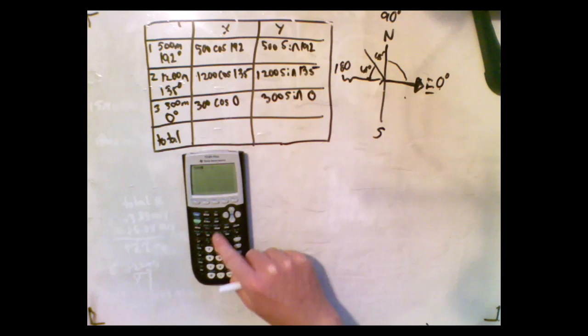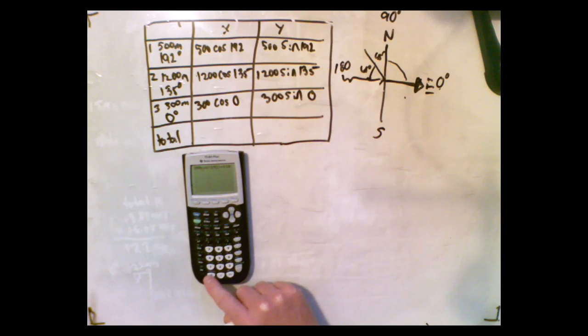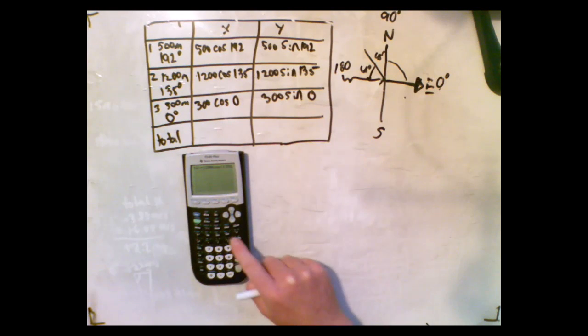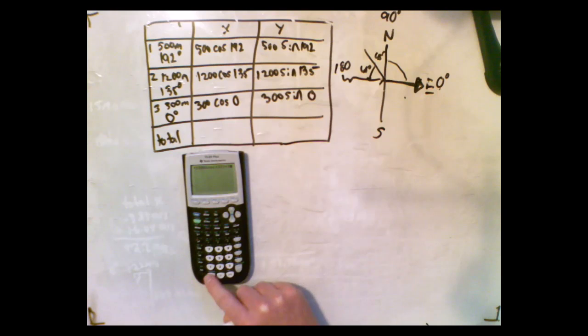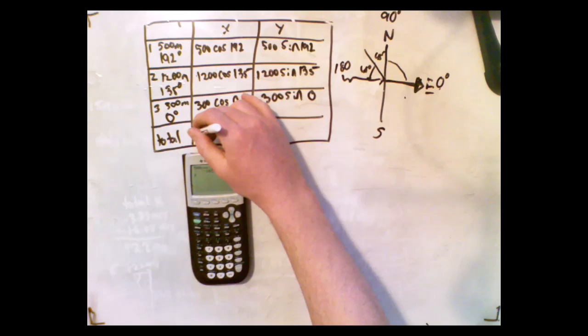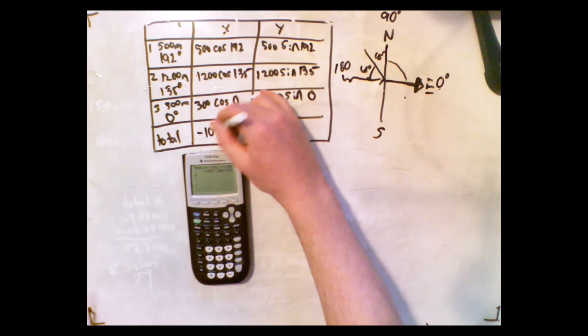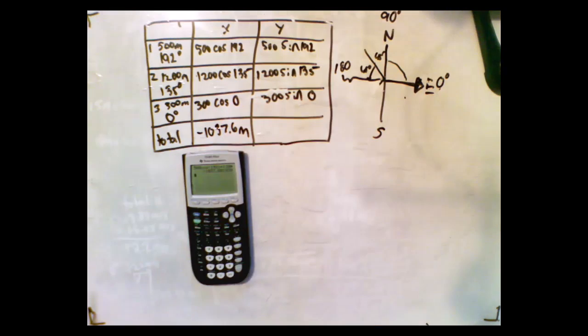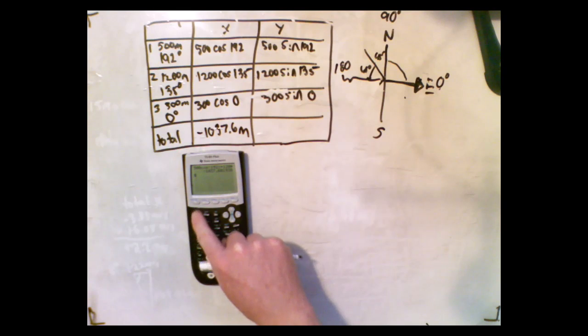500 cos 192. Close my bracket. Add it to 1200 cos 135. Close my bracket. Add it to 300 cos of 0. And we should get negative 1037.6. And these are all distances, so that's going to be meters. And then that little trick, I push second enter.